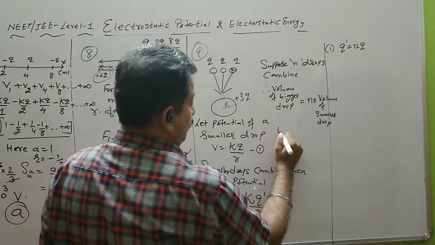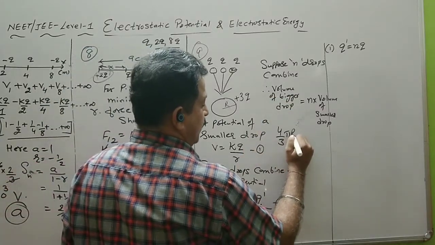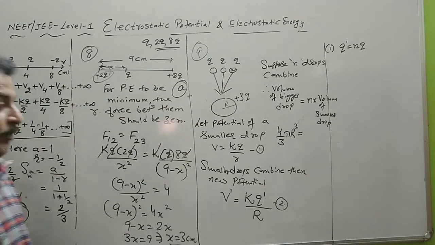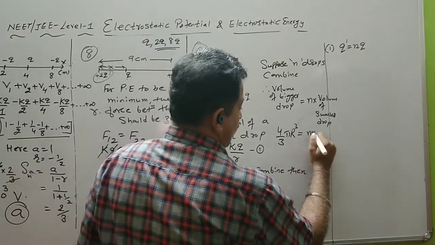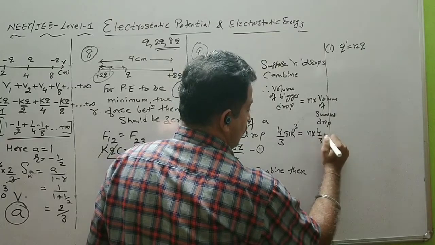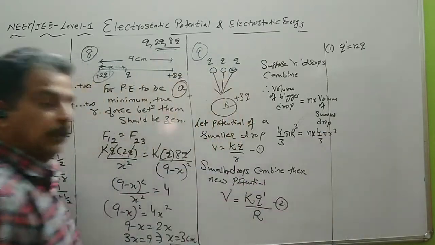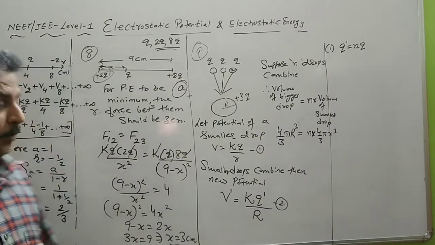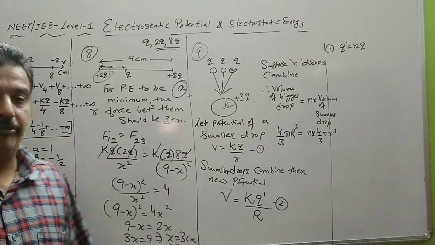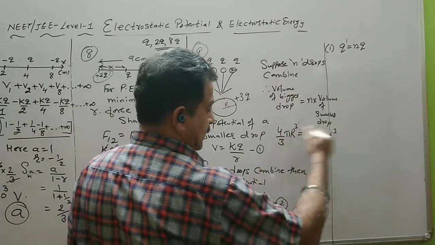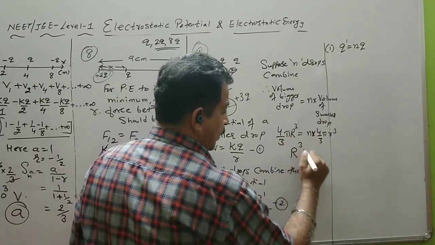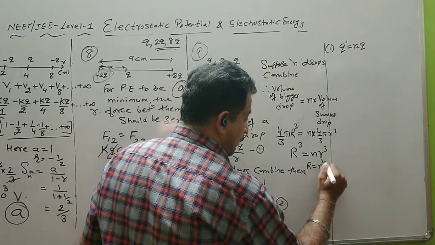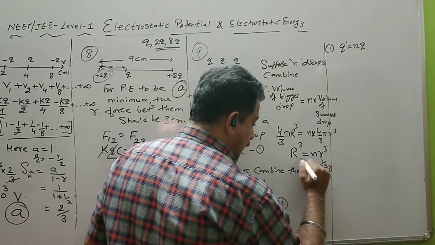The volume of the bigger drop, assuming it to be spherical, is 4 by 3 pi R cube, so it becomes n into 4 by 3 pi r cube. We are deriving the relation in terms of n droplets. Cancelling the terms, R cube is equal to n r cube. Therefore R can be written as n raised to 1 by 3 times r.